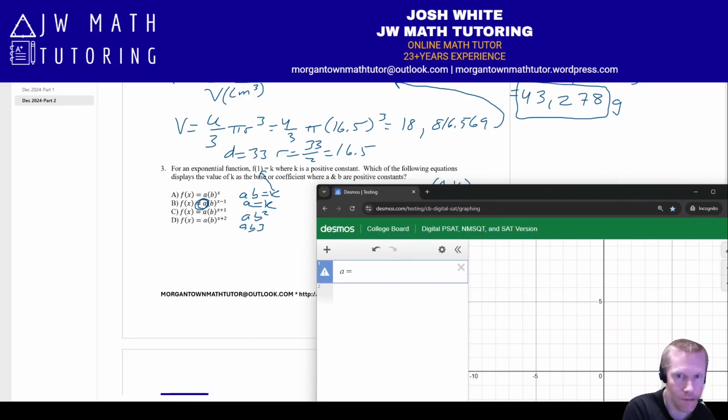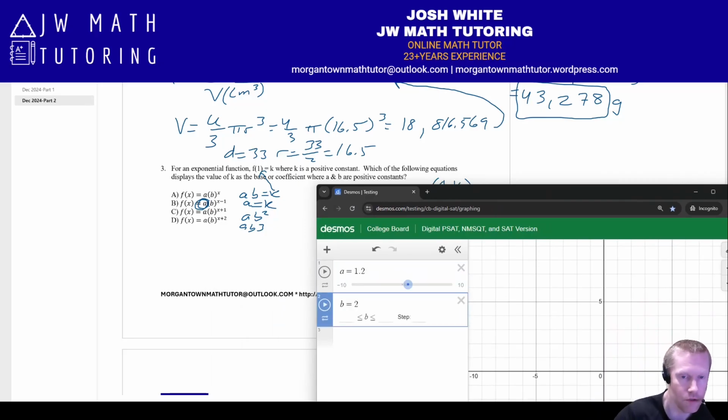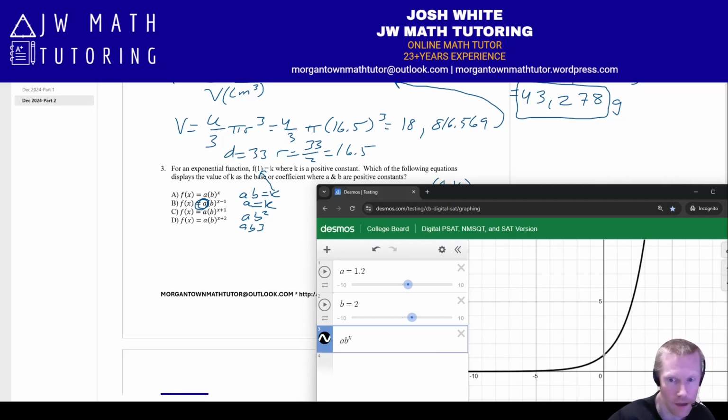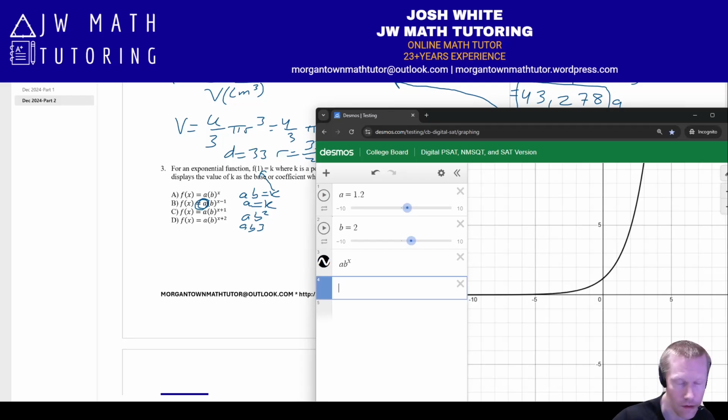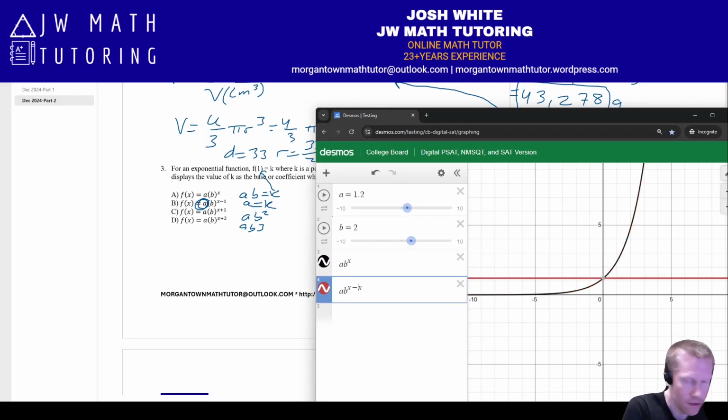All right, so first thing, I'm just going to let A be whatever, 1.2, and we're going to let B equal 2, okay? Just any positive values are going to work for this. So now we've got AB to the x, right? And then we've got AB to the x minus 1.